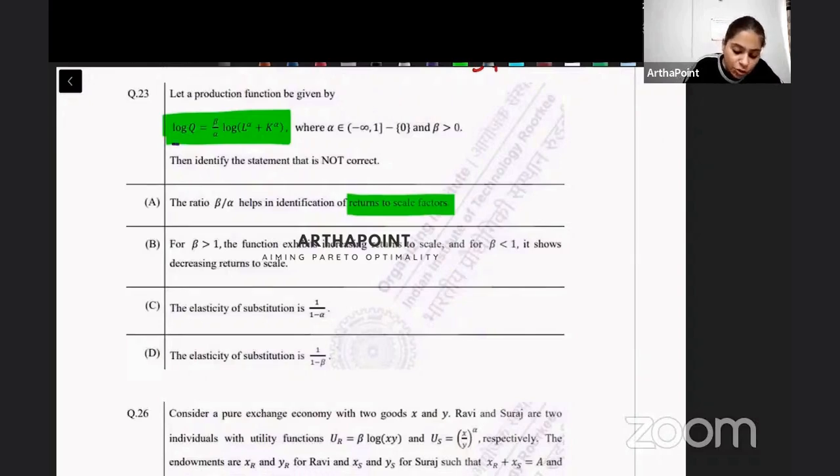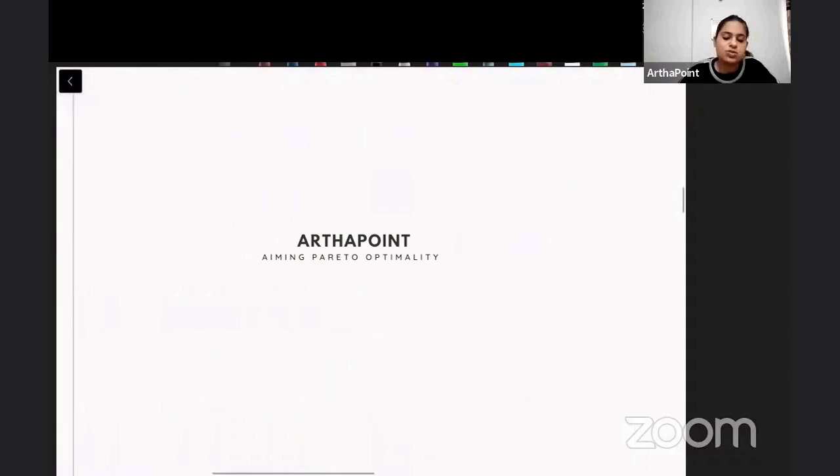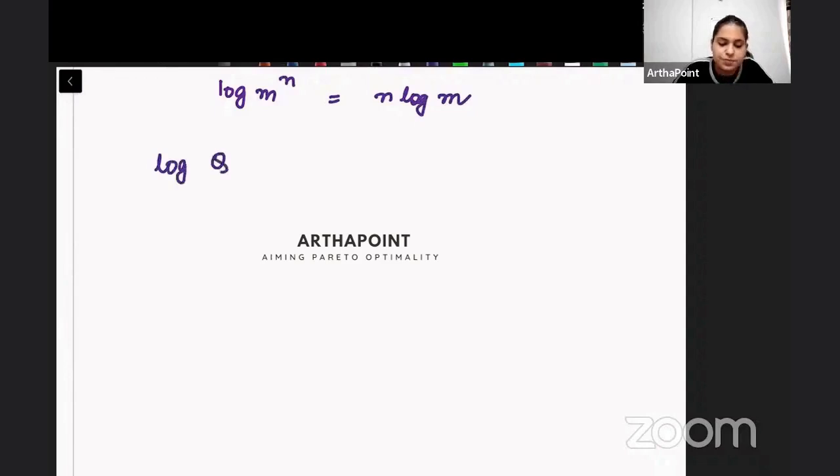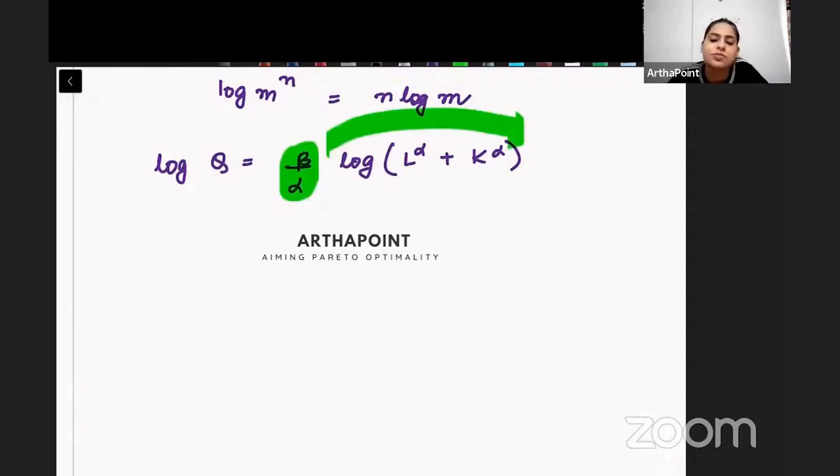So I need to rewrite this production function. And I am going to use this property that log m to the power n is n log m. If they have given me log q is equal to beta by alpha log of L to the power alpha plus K to the power alpha, I can take this in the power.